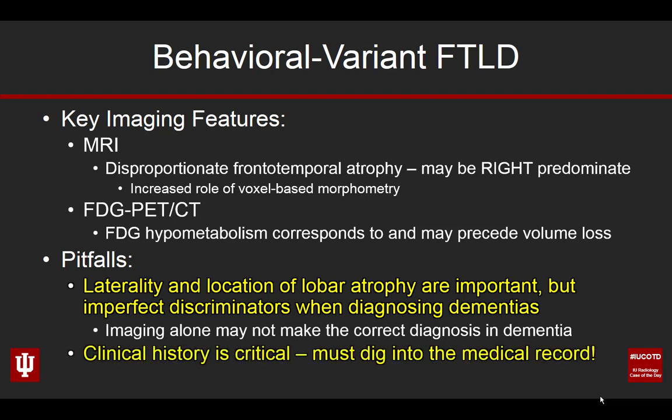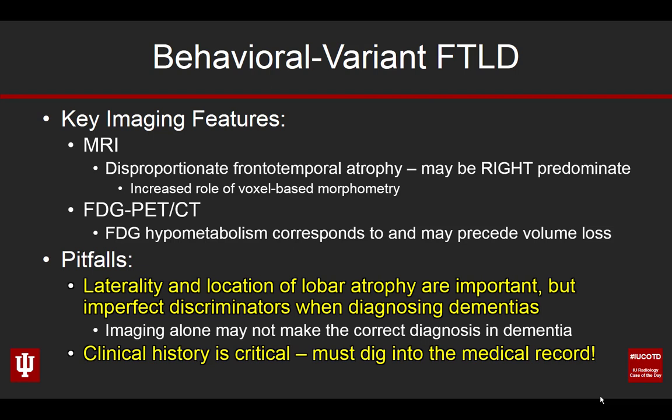And I want to stress to you, clinical history is critical. You have to dig into the medical record in these cases. Your job as a neuroradiologist used to be just to say, hey, is there a structural lesion that may be causing these patients' symptoms? I think that we can reach further now. We can look at the atrophy patterns. We can formulate our thoughts, come up with at least a brief differential.